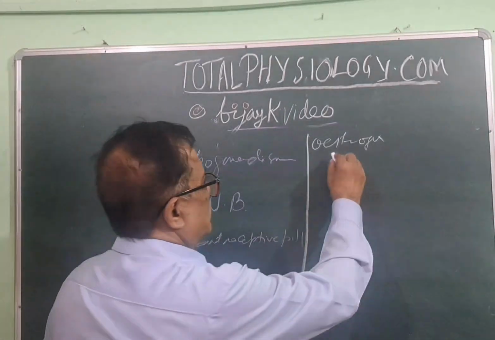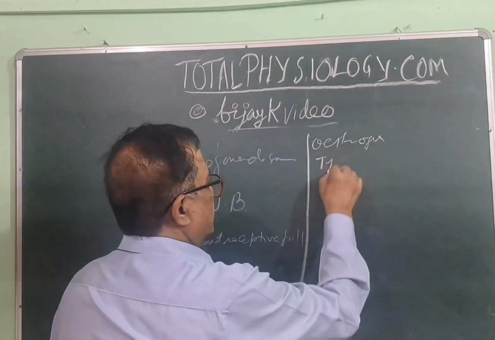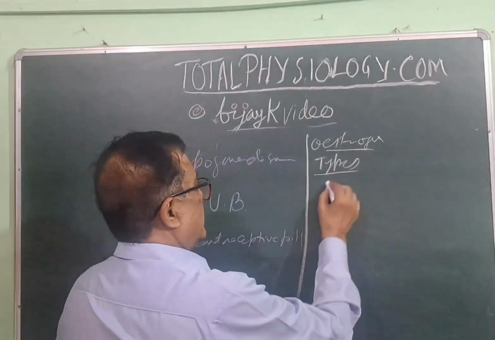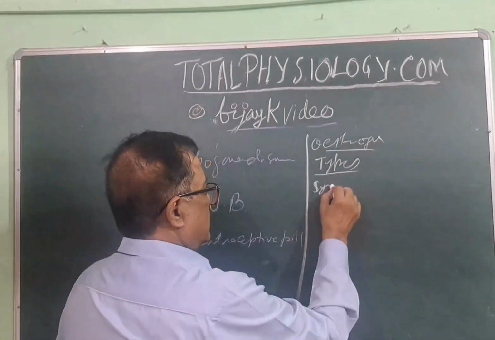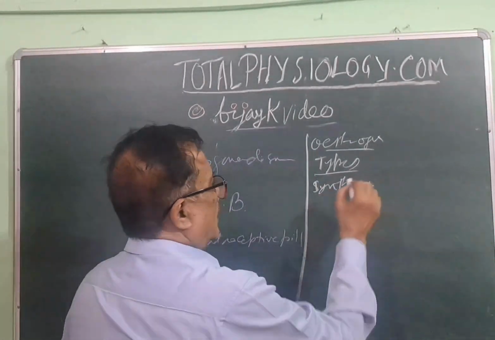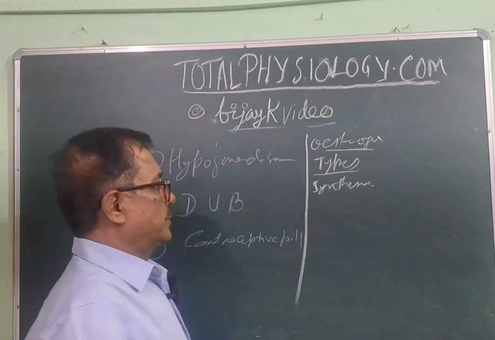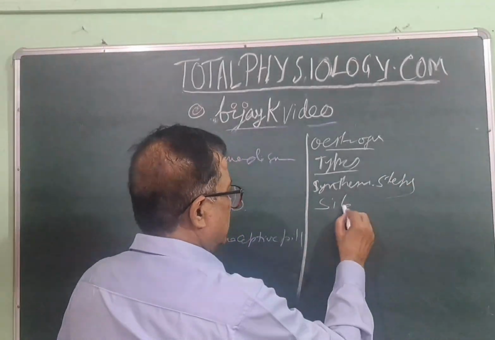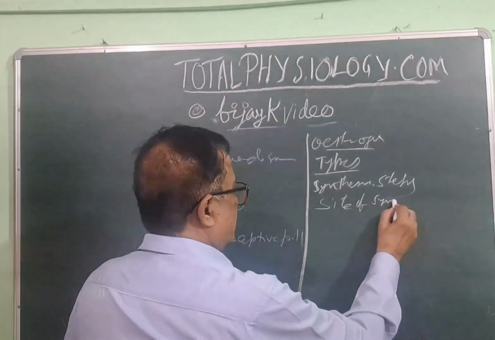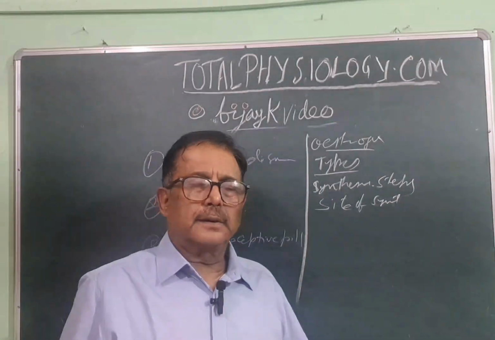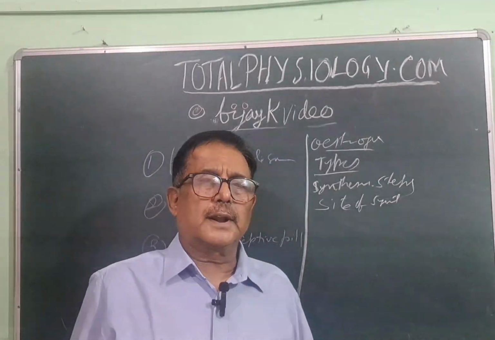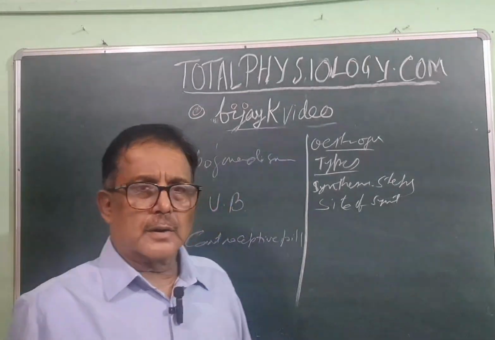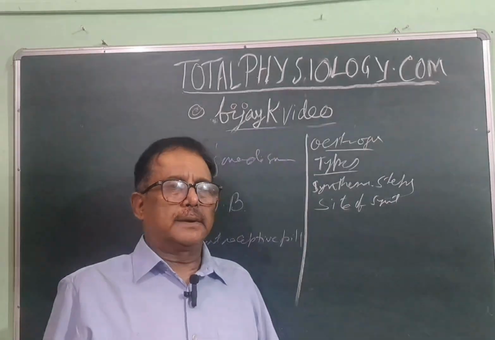Then we learnt about synthesis of estrogen, the sites of synthesis: theca interna cells of Graafian follicles, granulosa cells of Graafian follicles, placenta, adrenal cortex zona reticularis, and testis.